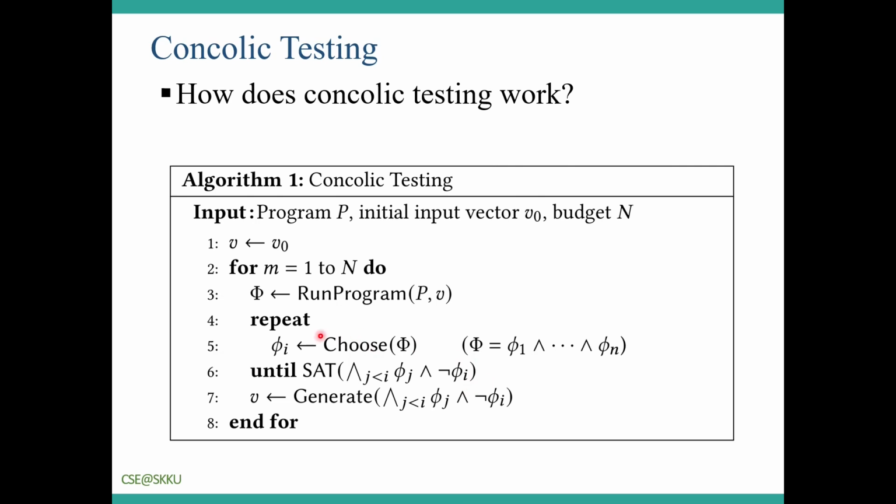If this formula is unsatisfiable, select another branch condition and repeat this process. So this continues until a satisfiable formula is found. And at line 7, a new input is generated from the solution returned by the SMT solver. And the algorithm simply repeats this process N times, systematically generating test cases. Okay, so this is all for symbolic execution.